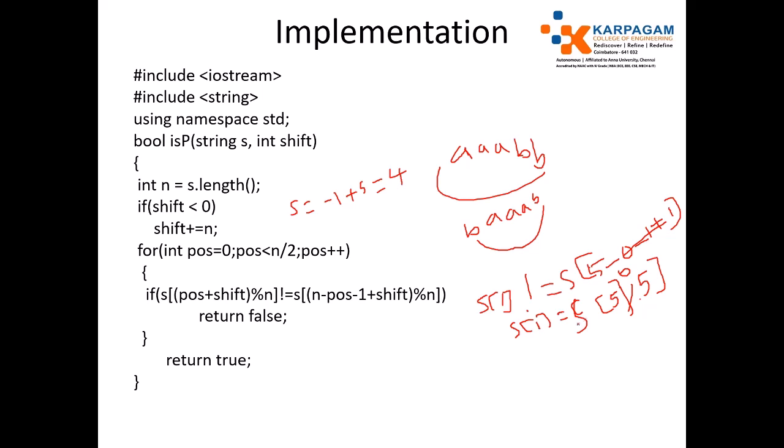After making the shift, whether it is equal to 0, I am just checking. After checking, if it is equal, just proceed with the next iteration. If it is not equal, just return false. Only after completing the iteration will it return true. Please understand that.